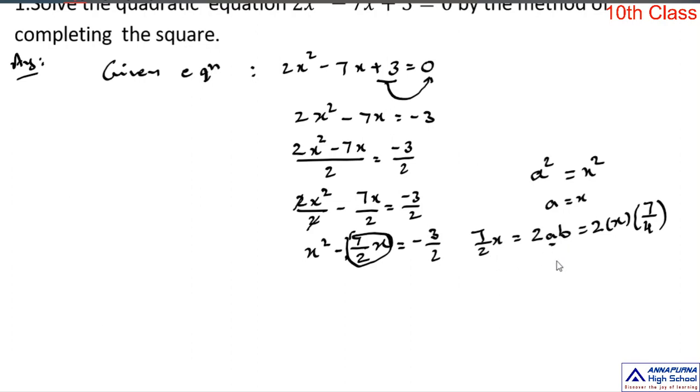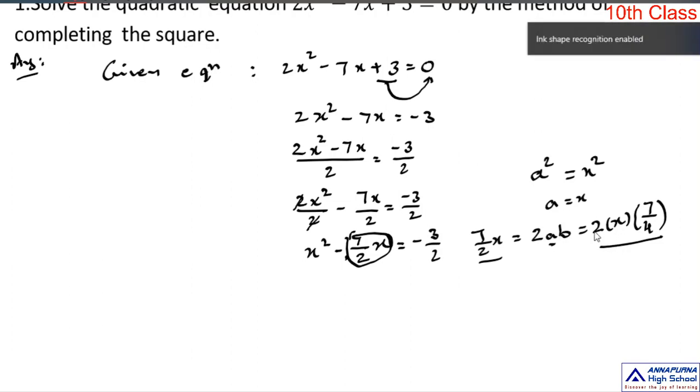Okay, so in the place of b, if you take 7 by 4, then the second term completely changes to 2ab. Now observe the equation. On the left side here we have two terms.